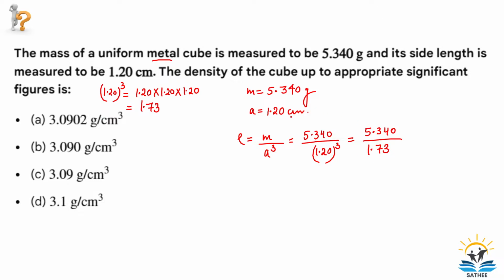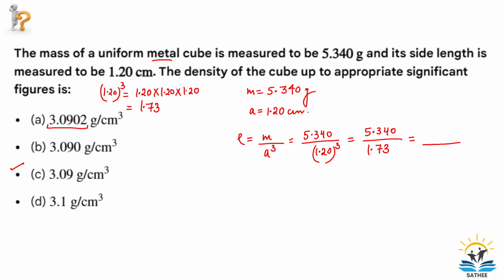In division also the rule is the same. How many significant figures should we keep in the result? The least is in 1.73, three significant figures, so we have to keep three significant figures in the result also. Which option is having three significant figures? Option C. Yes, I got it, option C is the correct option.